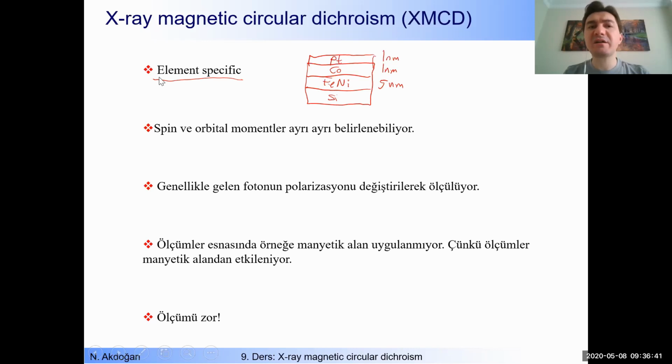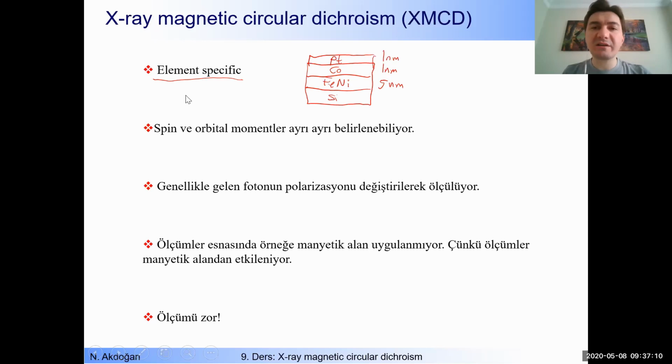So this is a very nice method, but it is important to remind you that it is a surface sensitive method. So we can get information from the surface, just about 5 nanometer, let's say. I will explain why it is surface sensitive.